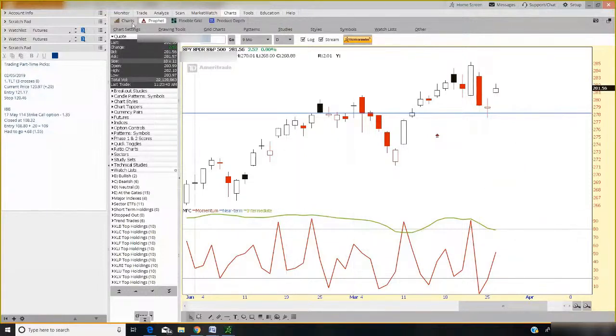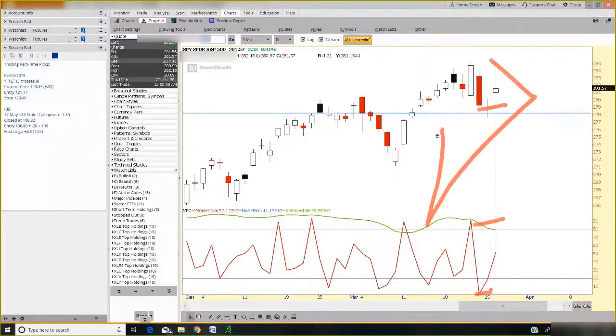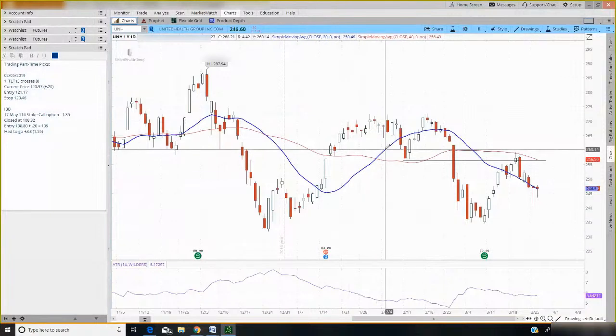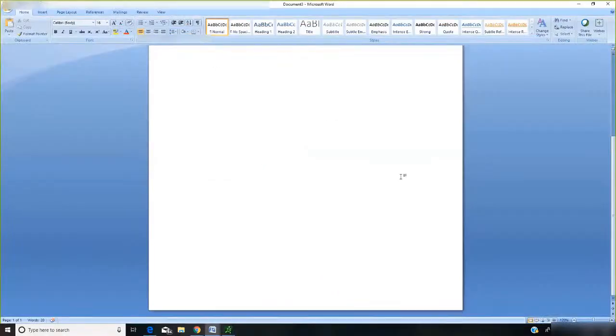Okay? So then let's say we look at this chart and we're like, oh, this is great. We've got our signal, check. Let's go look for trades. So we have our study set. Now, the blue line is the 20, the red line is the 40. So here's what we want to see.